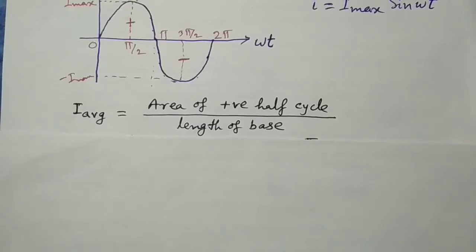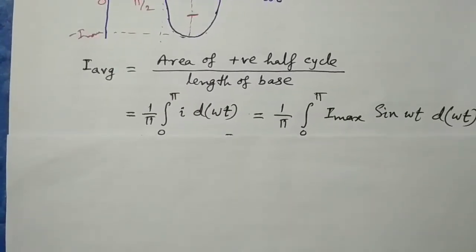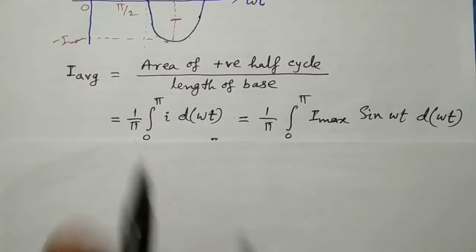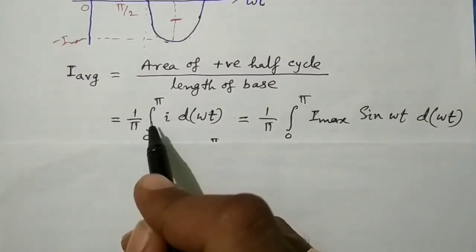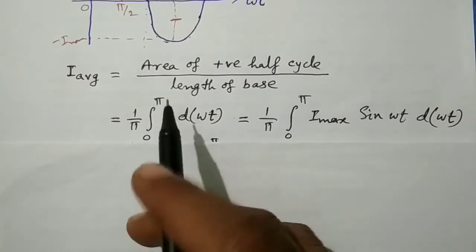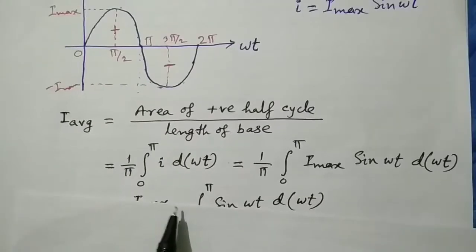Now to find the area of the positive half cycle, we will integrate the instantaneous value with respect to the time. So it is integral 0 to pi I d omega t. It will give us the area of the positive half cycle between 0 to pi.